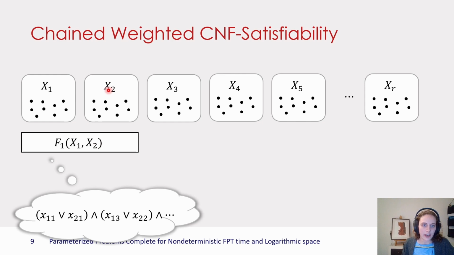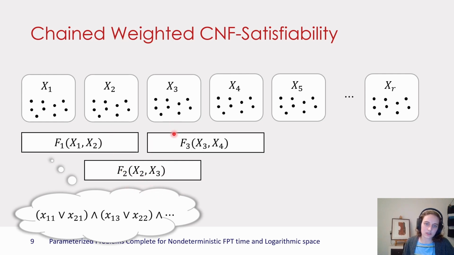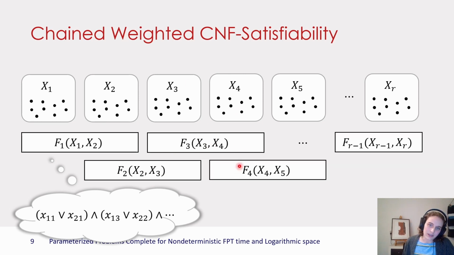And then x2 also has a formula, but then it's related to x3. So there's another formula that's related to x2 and x3. And then there's a formula related to x3 and x4. And there's a formula related to x4 and x5, and that continues all the way until the end. So there are r-1 different formulas, and they all need to be true in the end.